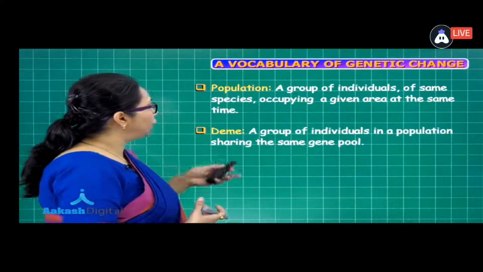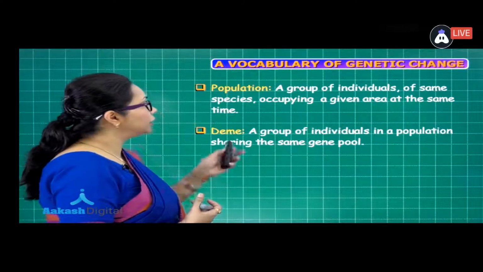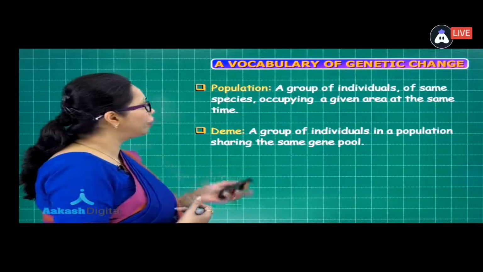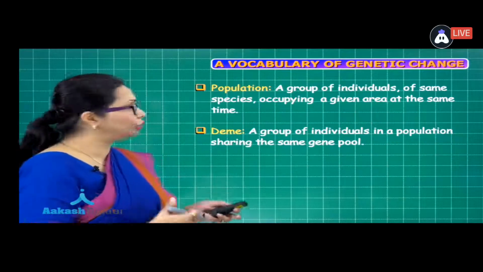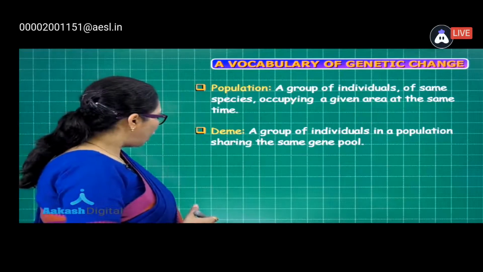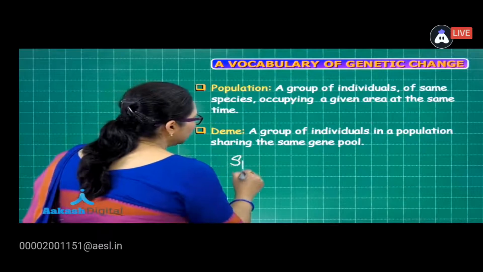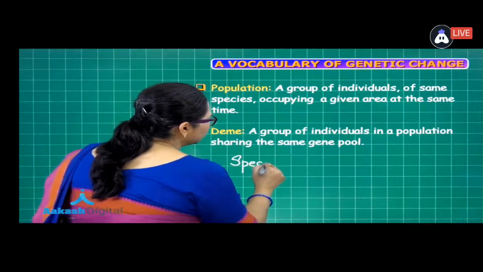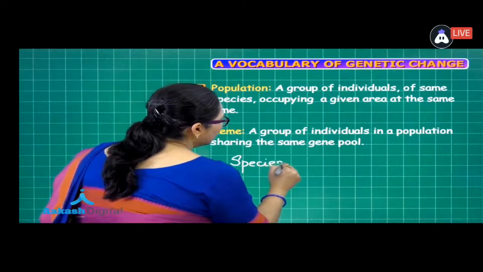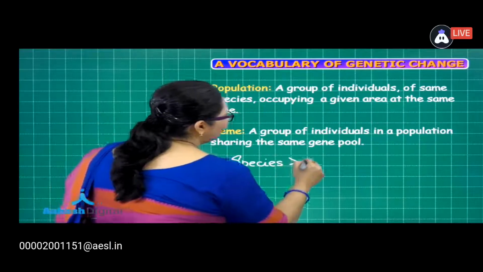And within this population, we can have number of demes. These are group of individuals in a population sharing the same gene pool. So now we can say that species is a large unit, and within species there are number of populations.